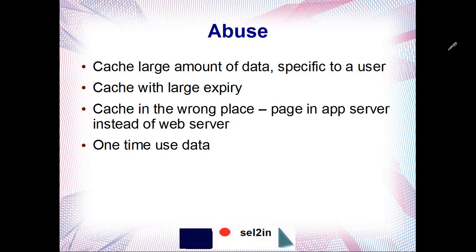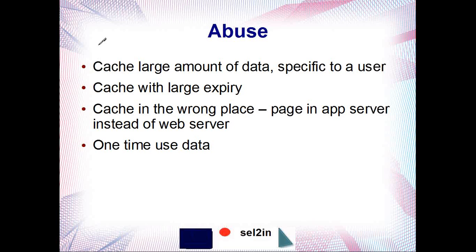But there are ways you can abuse a cache. What will happen is that the cache will not perform as well as it could have. It will run out of memory, and it will take up too much time in garbage collection and maintenance, trying to figure out what to clean and what to keep.